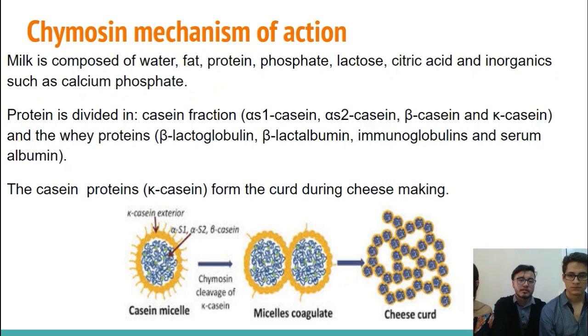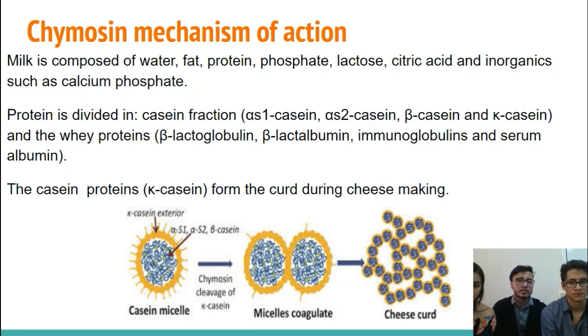The proteins are what we're looking for in the chymosin action. The proteins in the milk are divided into groups: casein fraction and whey proteins. In whey proteins we have subgroups: lactoglobulins, immunoglobulins, and serum albumins, and they can be beta and alpha.